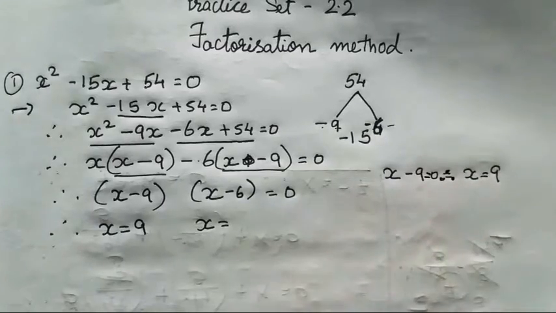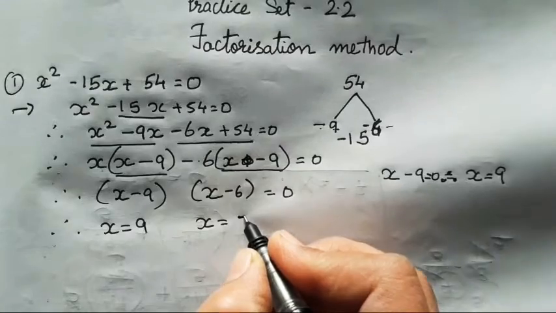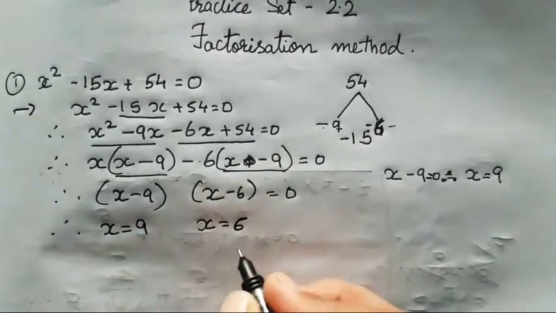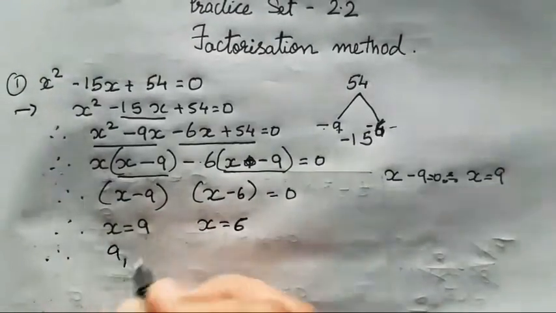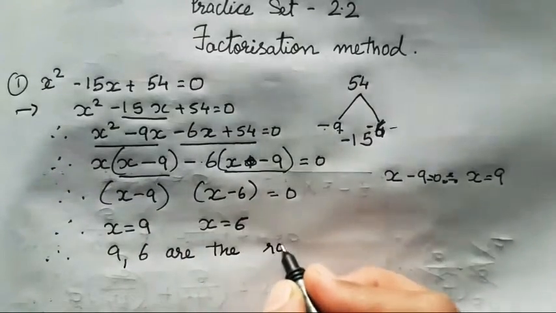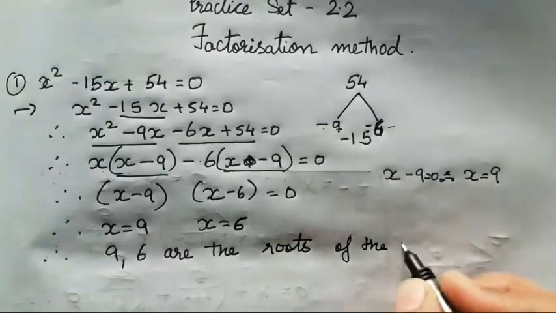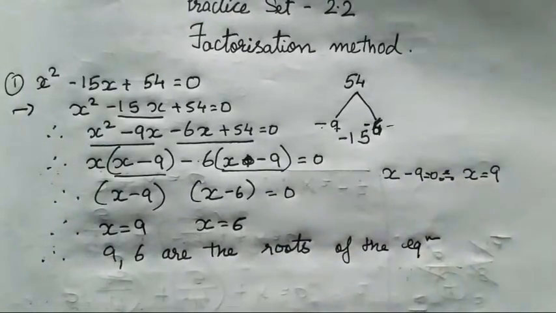Therefore x is equal to 9. So x is going to be 6. So two values of x you have got, and 9 and 6 are the roots of the equation. Isn't it easy?